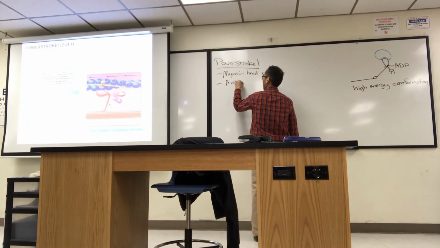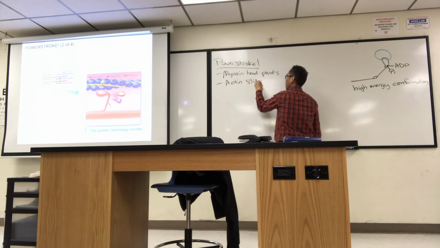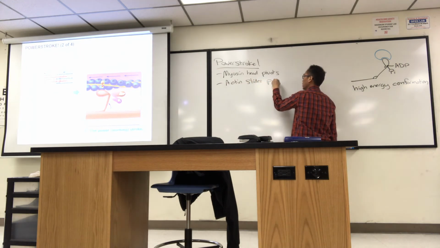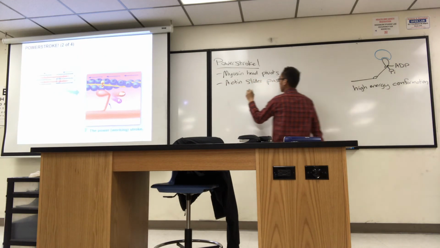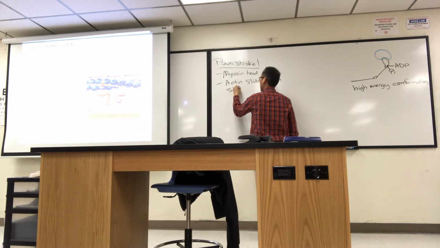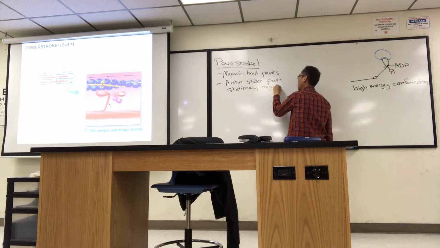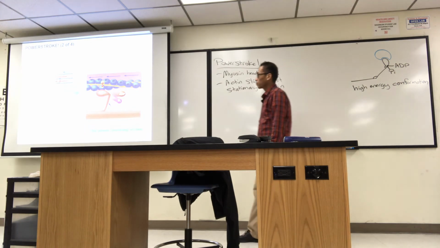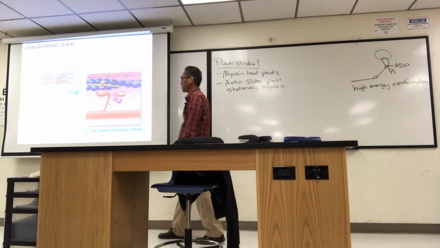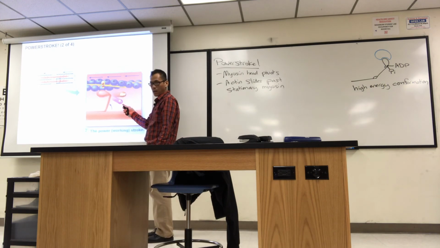Actin slides past stationary myosin. That head pivots when you release the ADP and Pi.